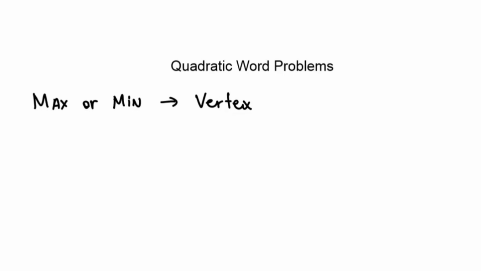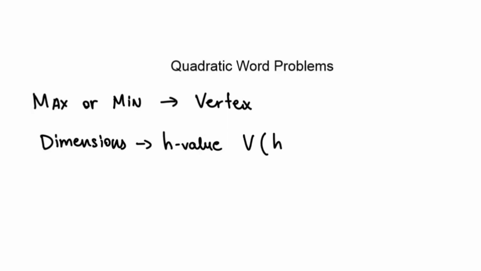When the problem is asking you to determine dimensions, this is when we're talking about the h value of the vertex. Given the vertex is (h, k), then h will be one of the dimensions.